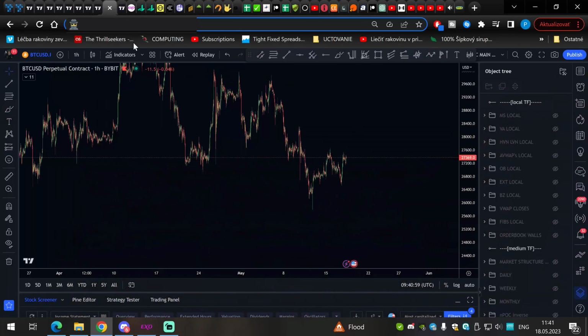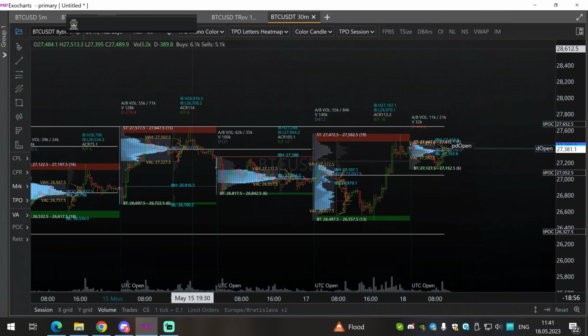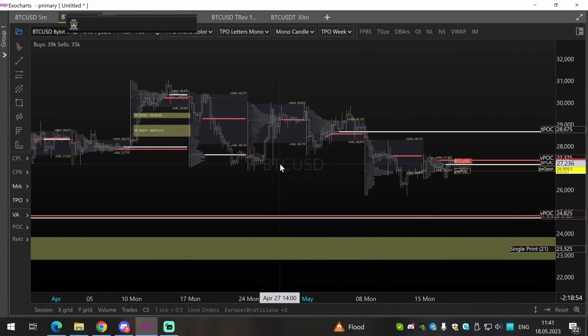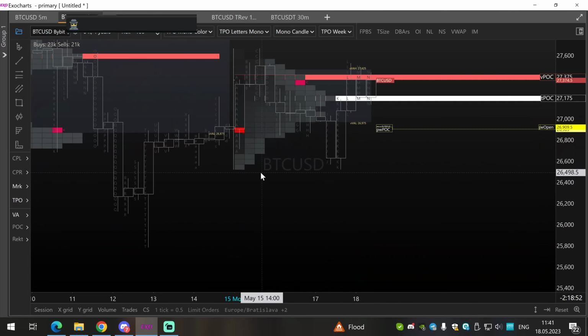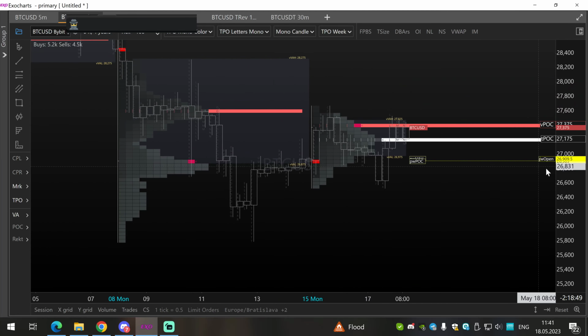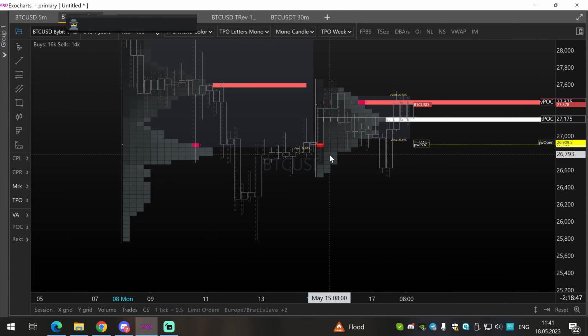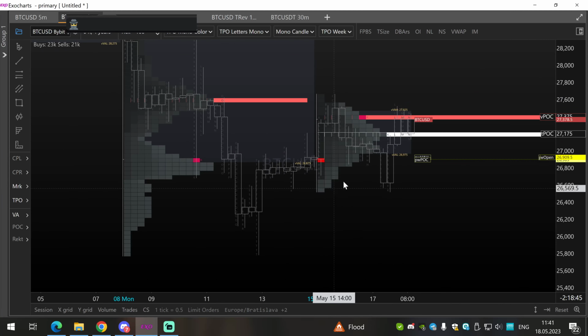So very important for Bitcoin is to watch rotations. This is the weekly range we are watching, and we lost the range. Yeah, we lost the VWAP, and as soon as we started to reclaim back to the previous week range, that was a sign of strength for me. Also, the weekly open reclaimed the previous week block.